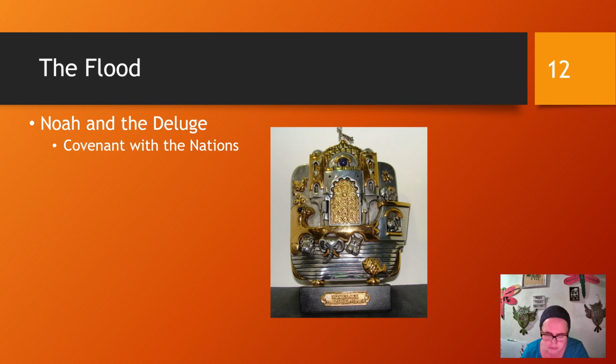Now, the flood gives us themes of what happens when humans disobey, and sometimes that can lead to collective guilt and collective punishment. So God destroyed all of humanity basically because of the sinfulness of humanity. So it shows the anger and the wrath of God in this story, but also the restraint of God.